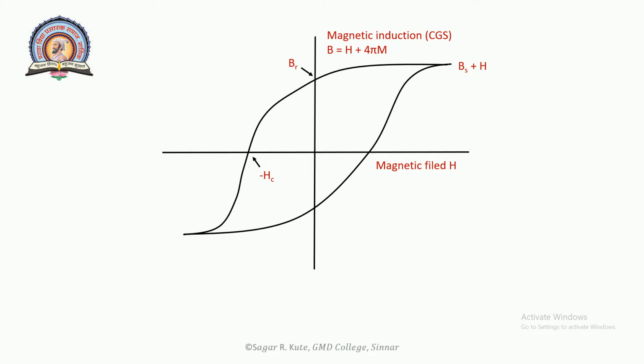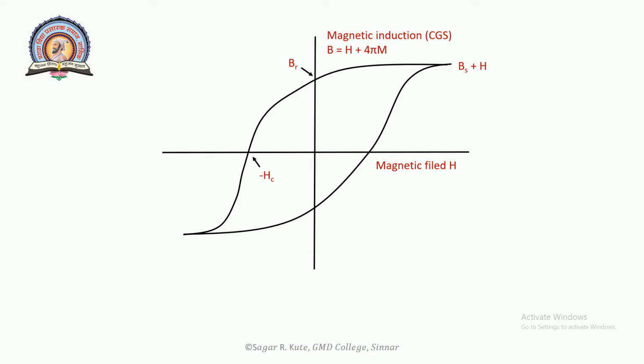The coercivity Hc is the reverse field that reduces B to 0, that is this Hc. A related coercivity, Hci, reduces M or B minus H to 0.